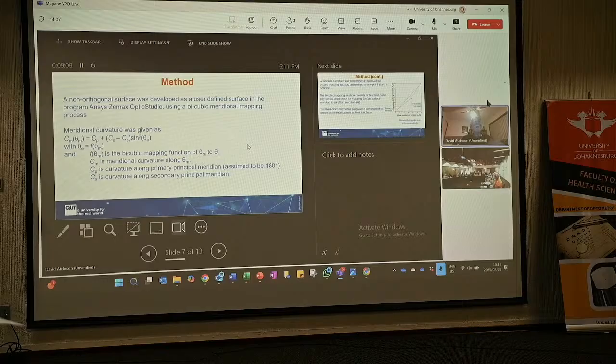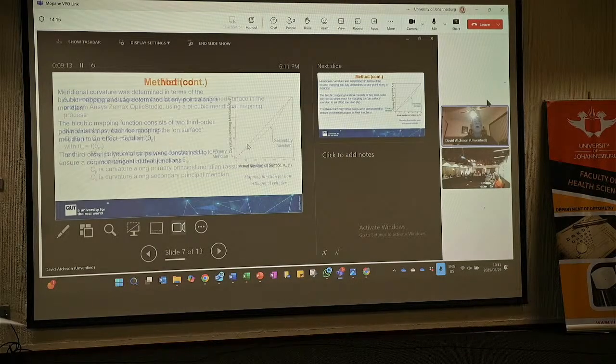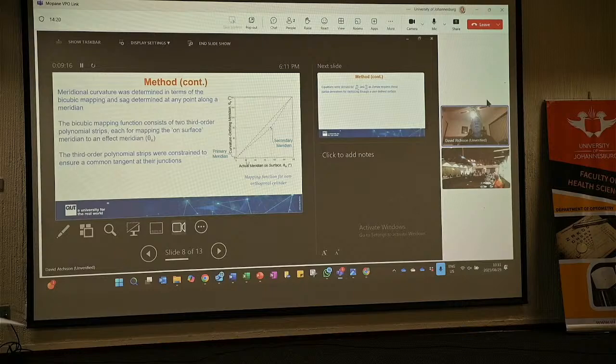There's really a lot more detail there that I just left out. So on the bottom, we've got our meridian theta n, and then it's going to be mapped on to theta n. And this is sort of the process here.